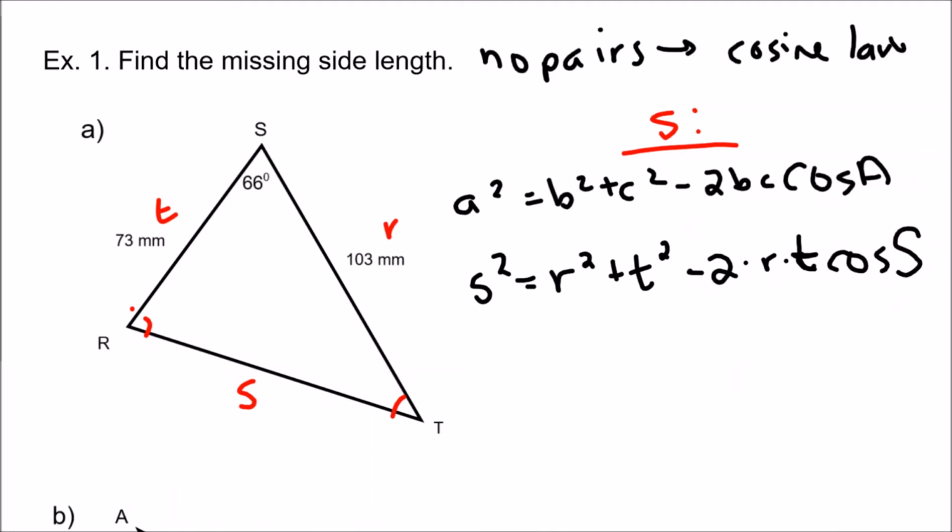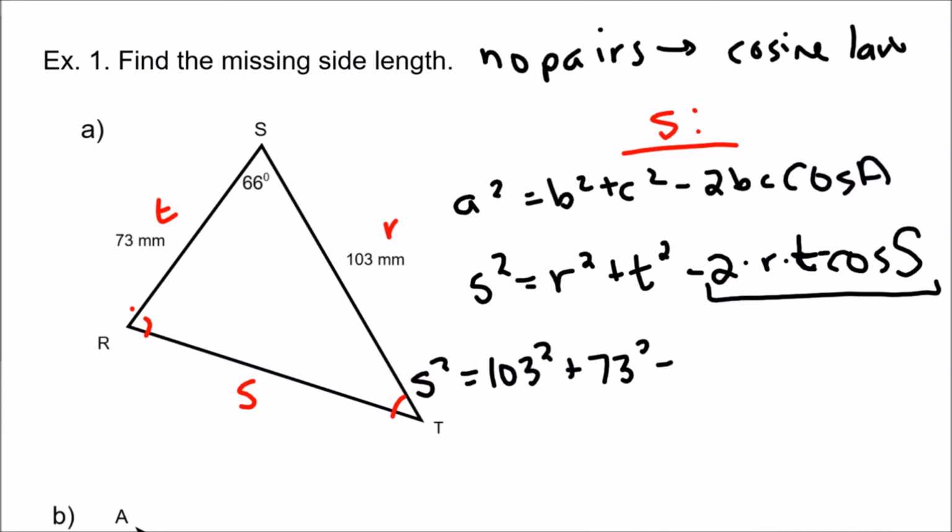So, plugging in all the things I know, I should know everything on the right side of this equation. Right? I don't know side length s, but I know side r is 103, side t is 73, minus, and this is like one big entity. I'm subtracting whatever the product of 2 and r and t and cosine s is.